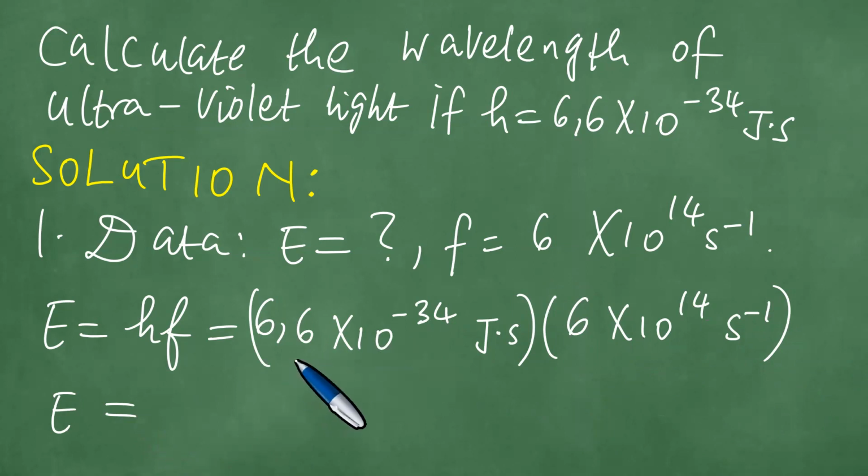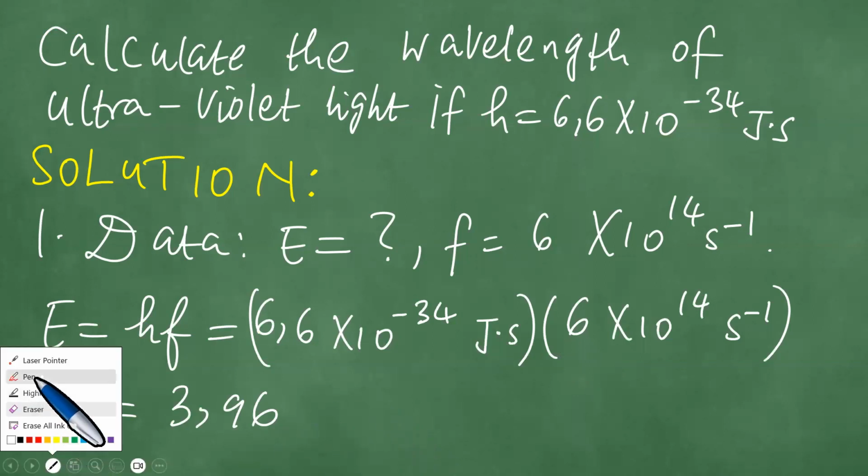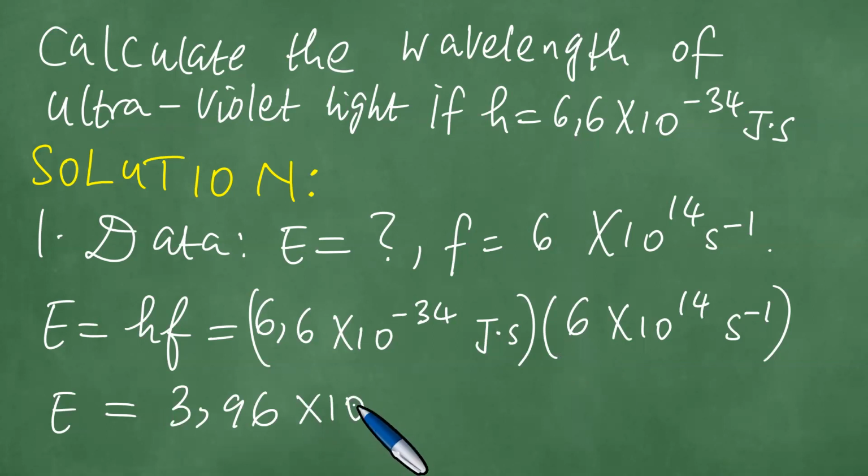If you use a calculator, 6,6 times everything here gives us 3,96 times 10 to the power minus 19 joules.